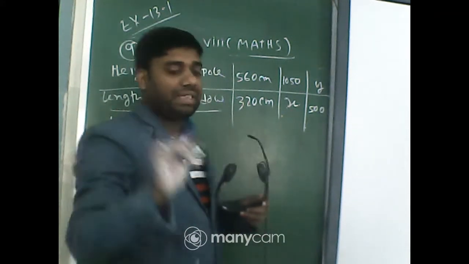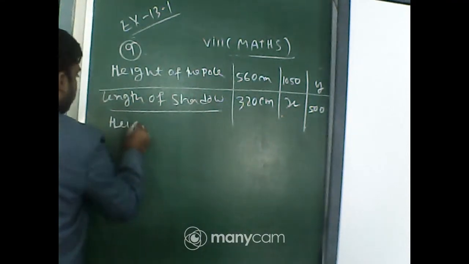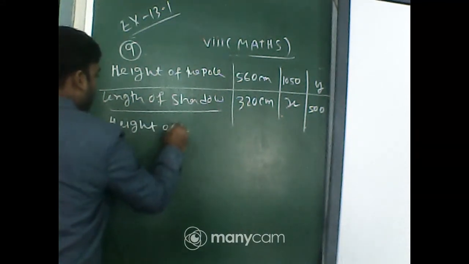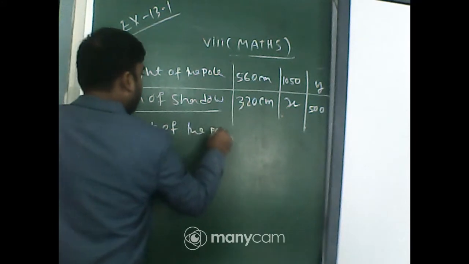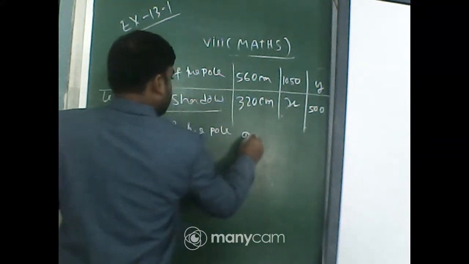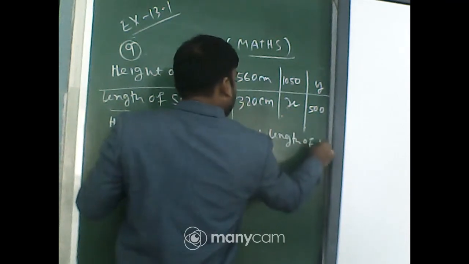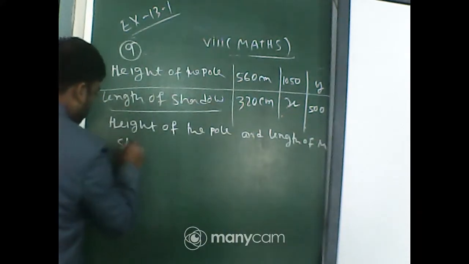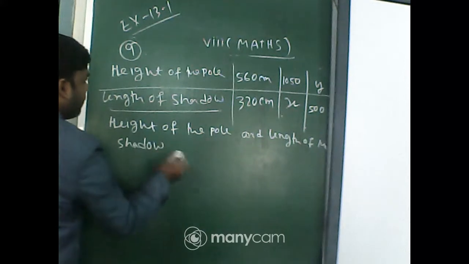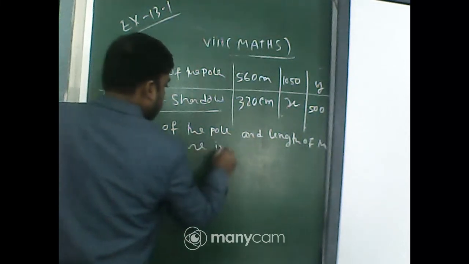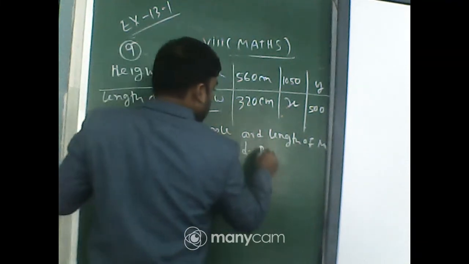Height of the pole and length of the shadow are in direct proportion.